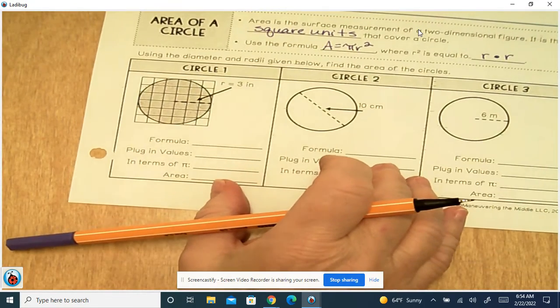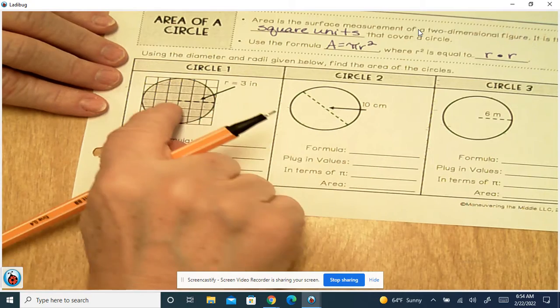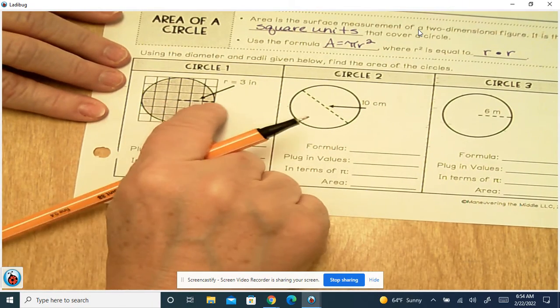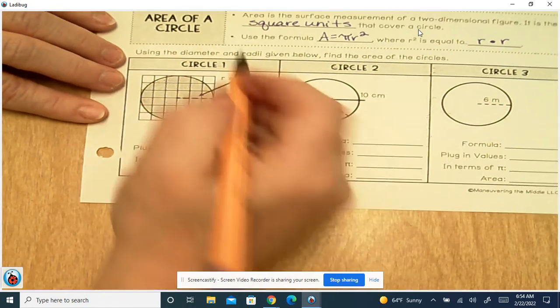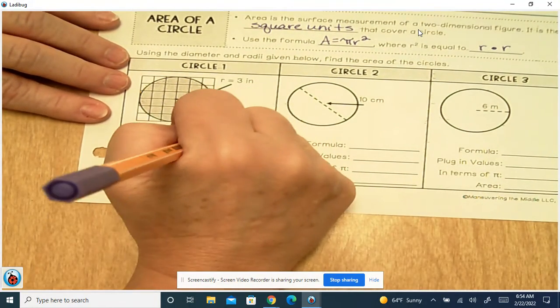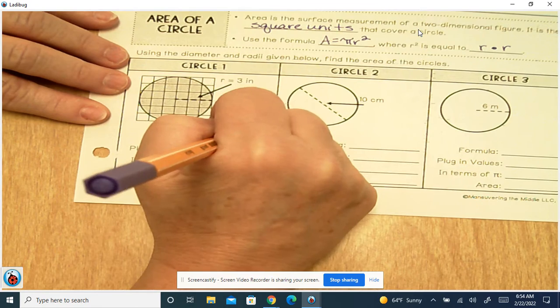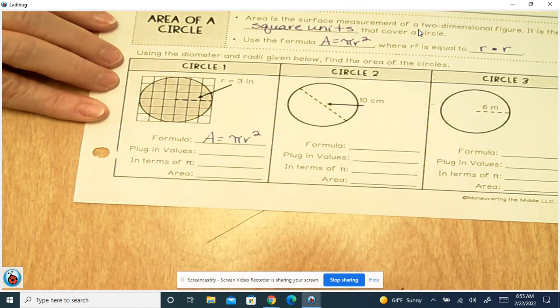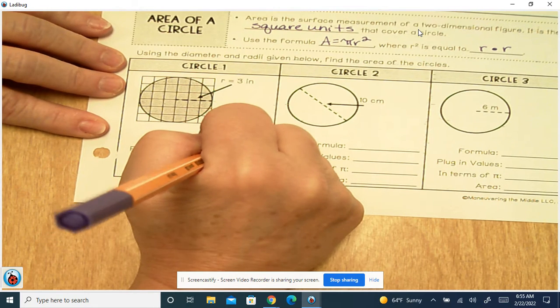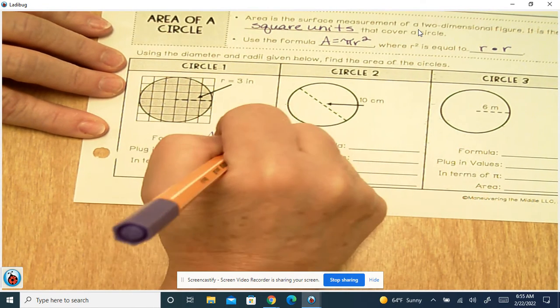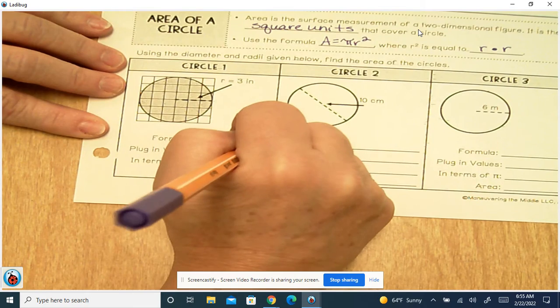So if we look at these three circles below, from our first video, we've got a radius, a diameter, and a radius. So the formula for this one is A equals pi r squared. We plug in the values, and we know that 3.14 is pi. And then we've got radius squared, which is 3.